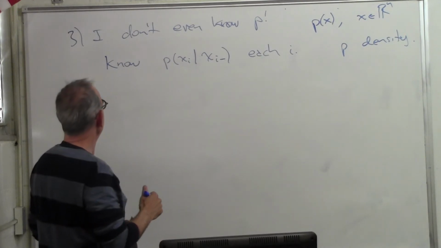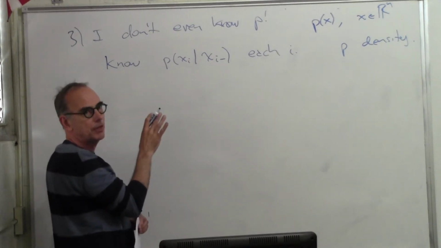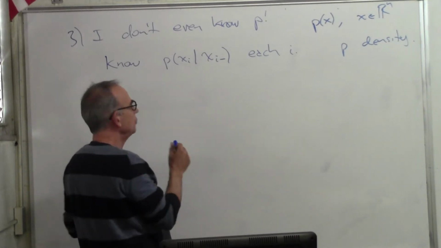The typical way that people think about this is when you have what's called a Bayesian network.